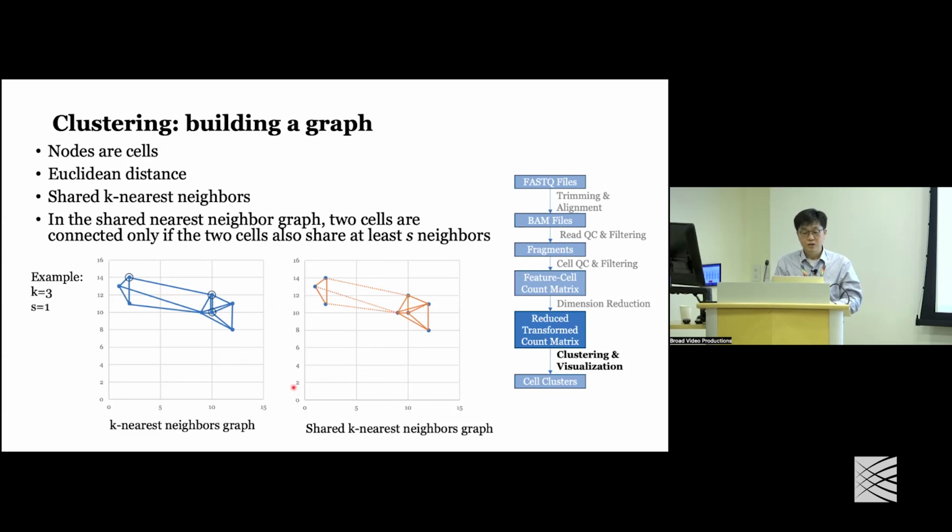In the end, shared nearest neighbor will give you a much more compact and highly well-connected community compared to the k nearest neighbor. The shared nearest neighbor graph is typically used and implemented in many ATAC-Seq tools, and it's actually not specific to single-cell ATAC-Seq. It's implemented for single-cell RNA-seq data as well.